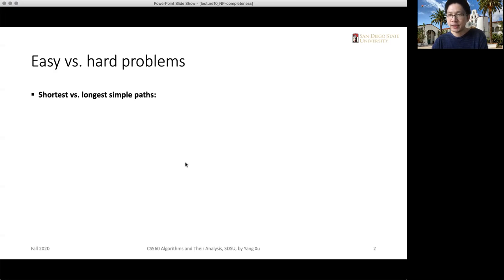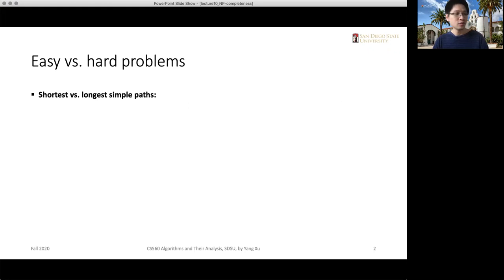We have already spent about 3 weeks on graph algorithms. And the last algorithms we covered were the Bellman-Ford algorithm and Dijkstra's algorithm for solving the shortest simple path problem, right? If we change the word shortest to longest, then we would have a totally different problem.